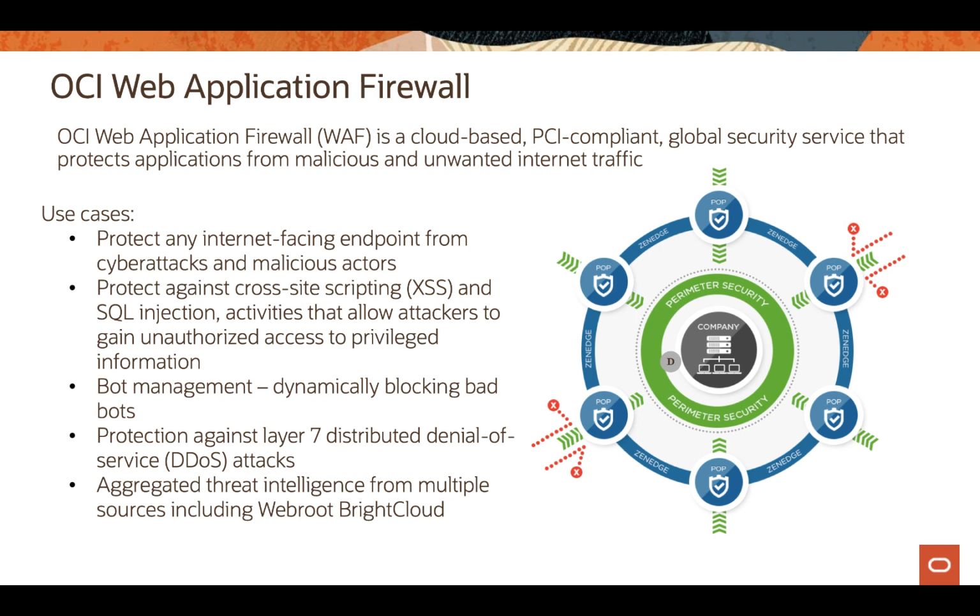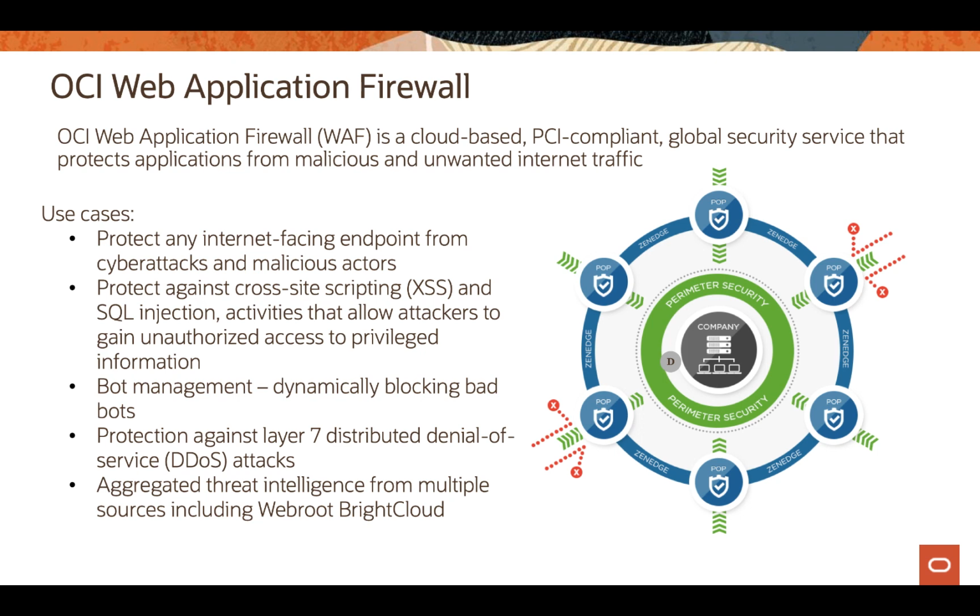OCI WAF provides aggregate threat intelligence from multiple sources, including Webroot BrightCloud. We also work with some open source technology to provide all the access control and rules around your application.